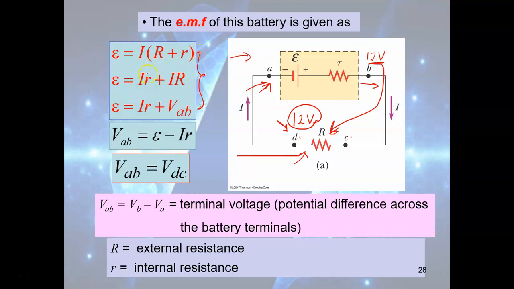So I have my EMF over here, for which we use the formula V equals IR, our Ohm's law. I substitute the V with the E here, because epsilon stands for the EMF of the source.